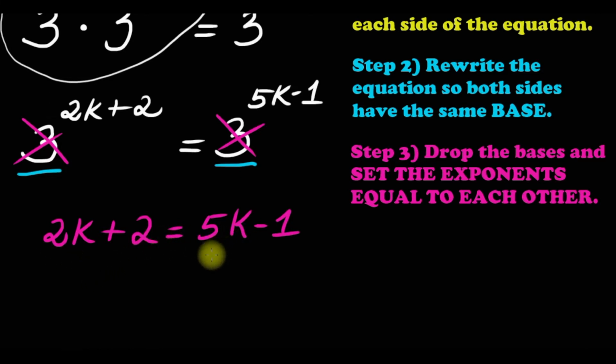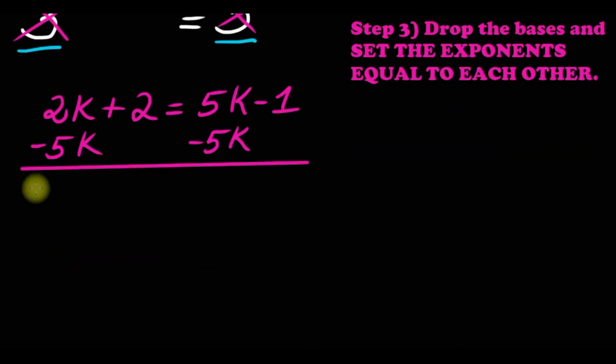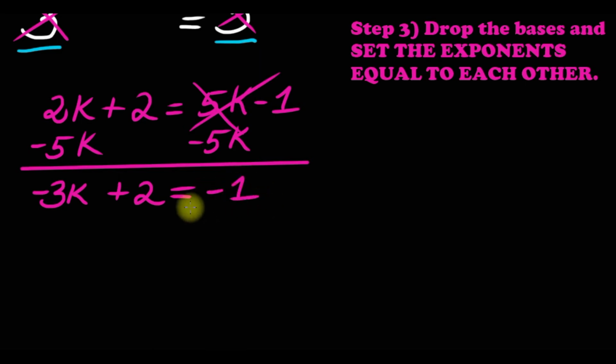So I'm going to get the k on the same side. So here I'm going to minus 5k, take away 5k. So here I have negative 3k plus 2 is, those are gone, bring down the negative 1. And then minus 2, minus 2.